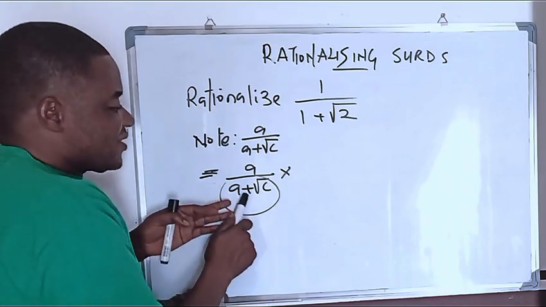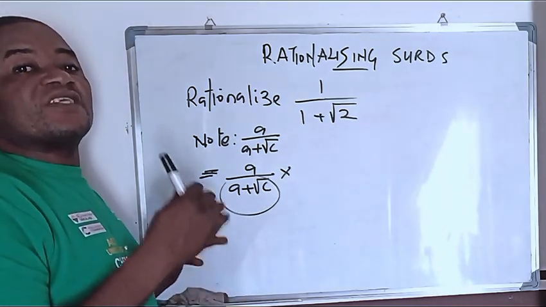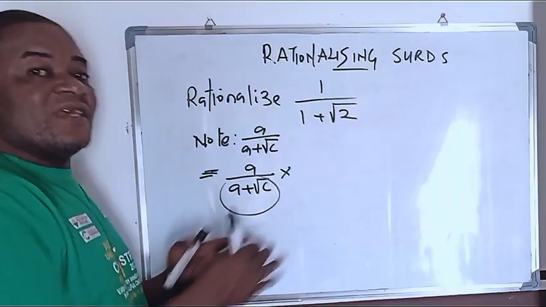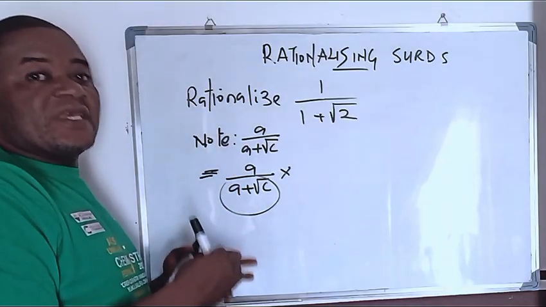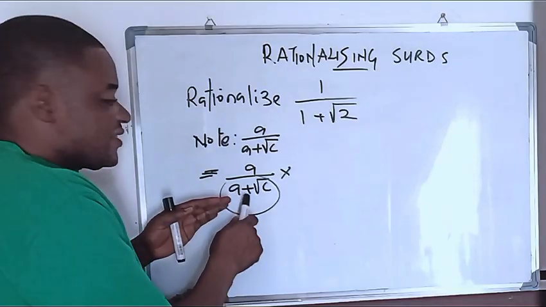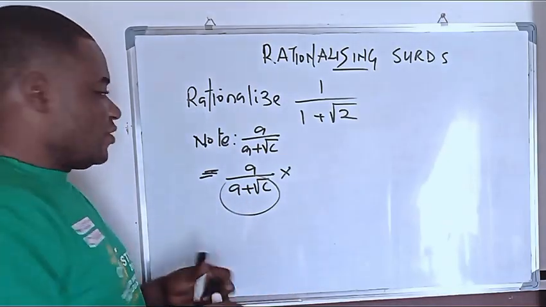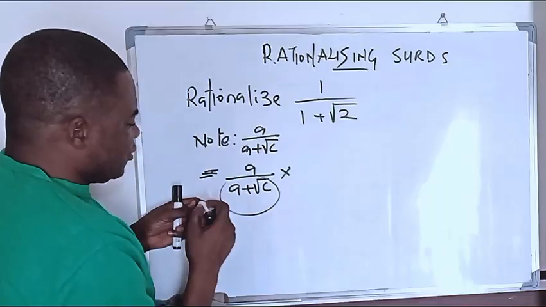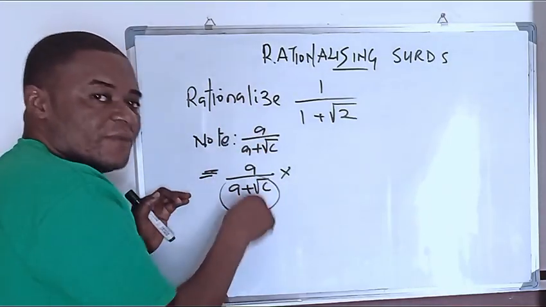That means if the sign is positive, the inverse form of the denominator will be negative. So we will now multiply by this fraction, both the numerator and the denominator.